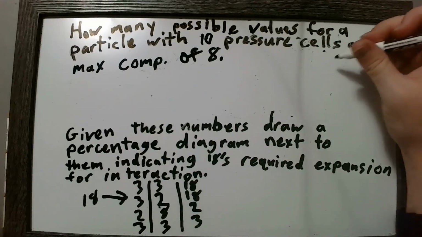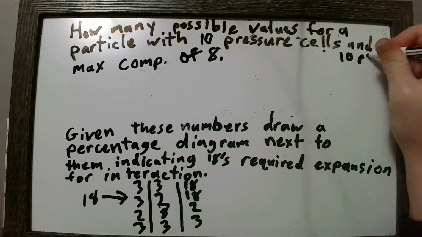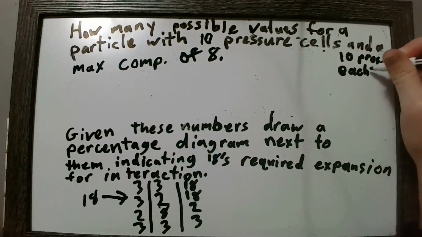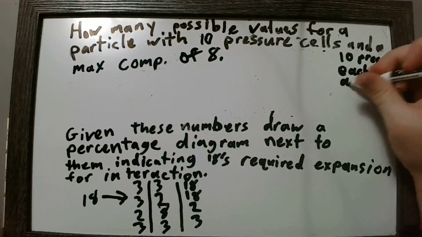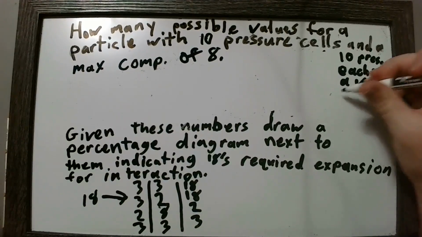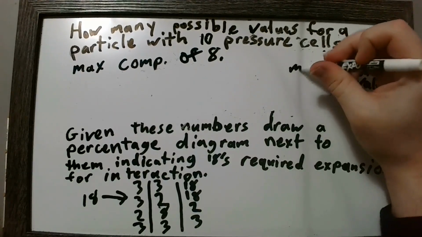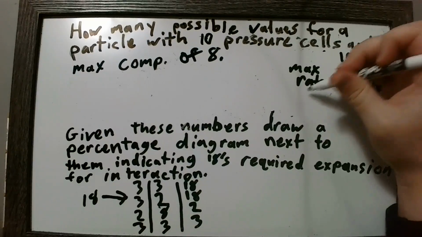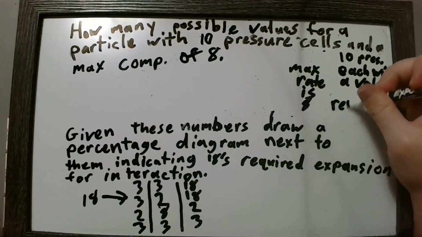What that means is that there are 10 pressure cells, each with a value, which is the value is the rate, right? And the max rate is 8, and this is repeatable.